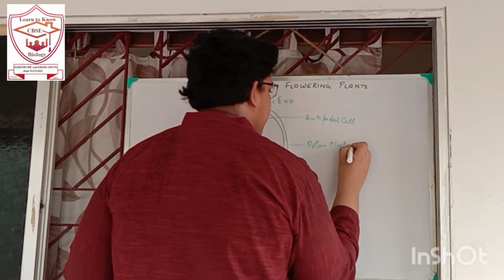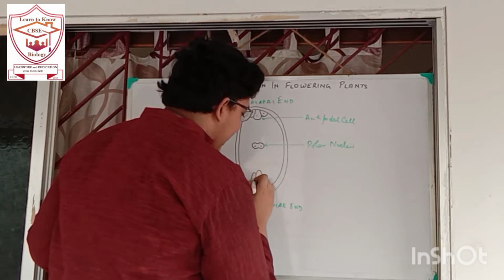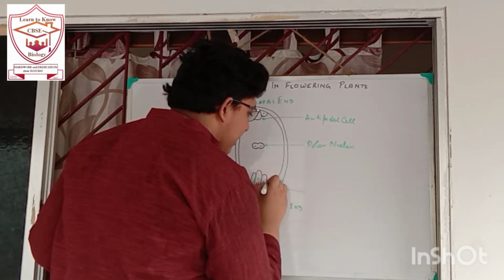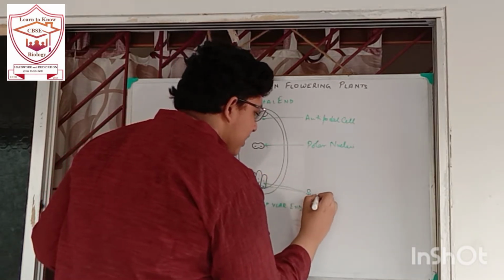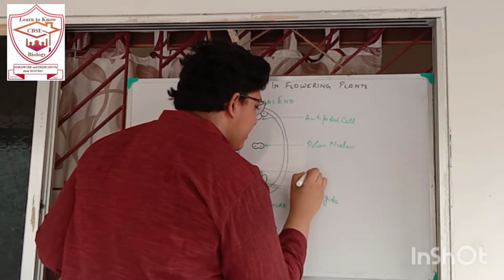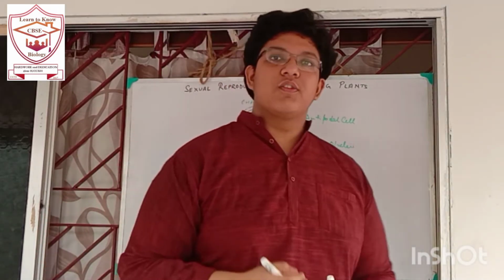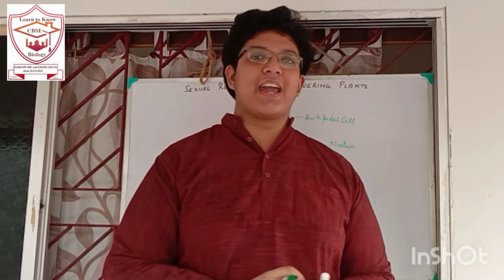In the micropylar end, the two extreme cells at the sides are known as synergids. They are naked, while the middle one is known as the egg cell. Egg cell forms the zygote, which will form the embryo.